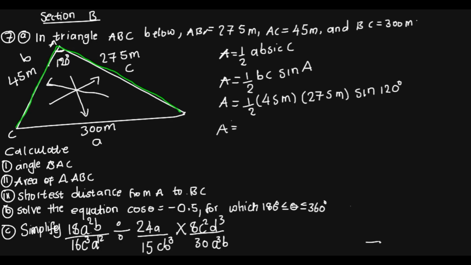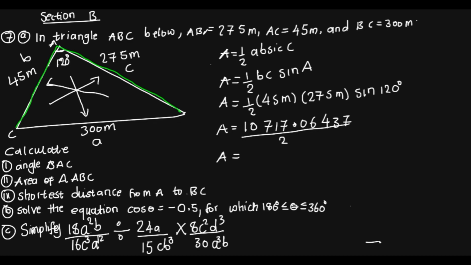So 45 times 275 times sin 120, I'm getting 10,717.06. I'll just write the whole numbers, then we'll round off when we find the final answer, over 2. So we can now divide by 2.